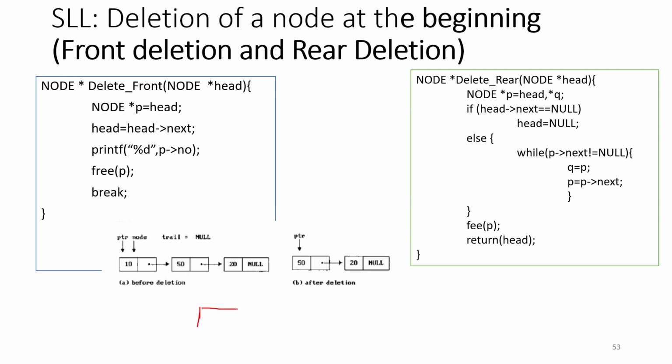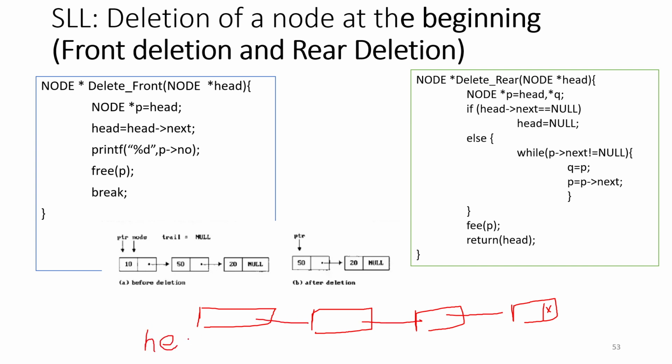Same, I'll take some 4 nodes and the last node's link address is null. This I have to remove. The name of this node is head. I've taken this as P. Okay. Is P of next null?